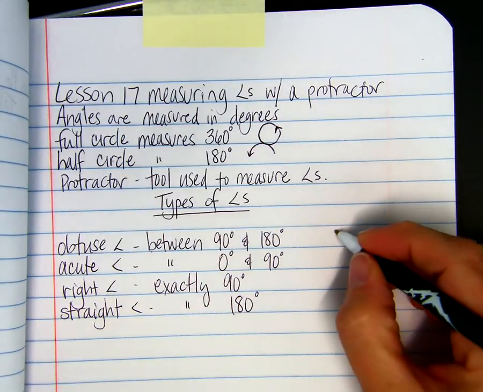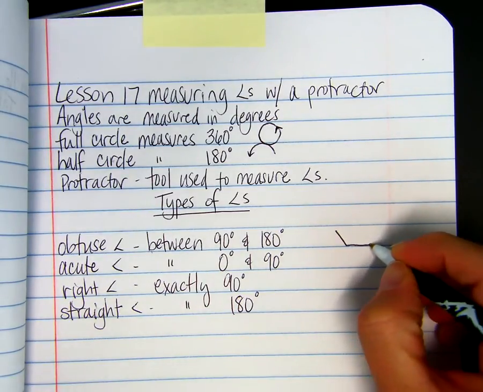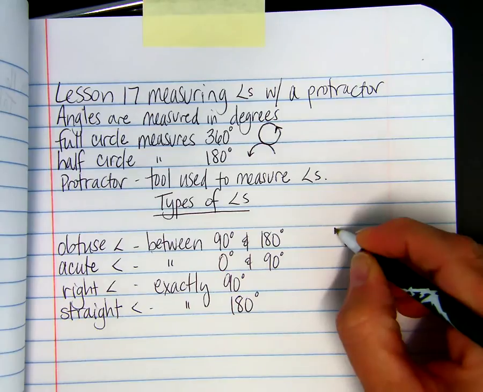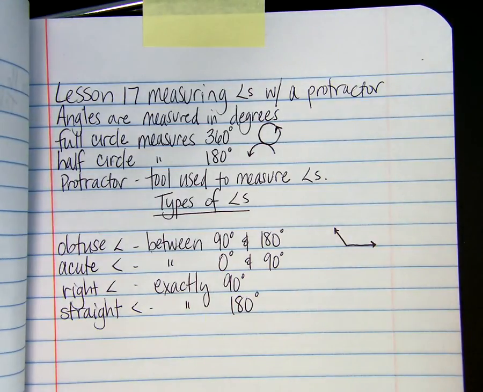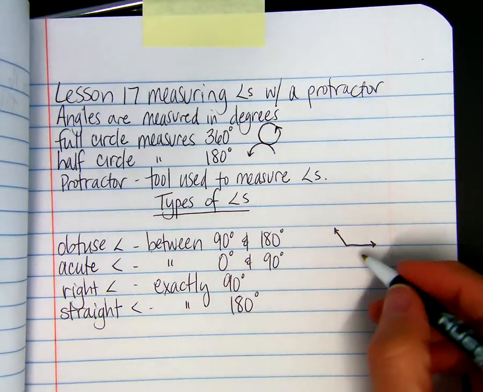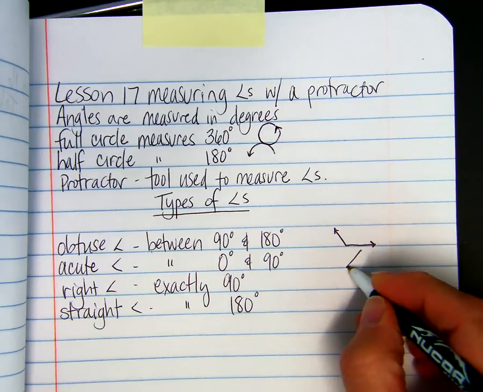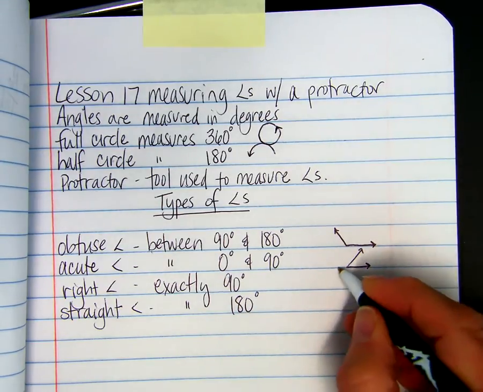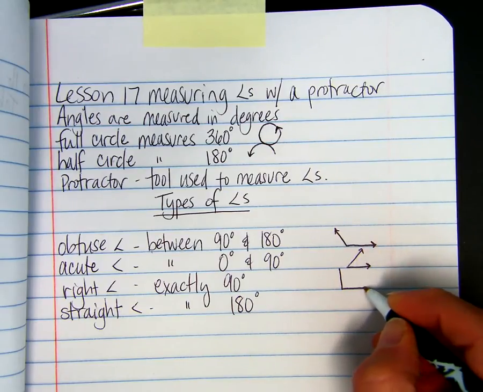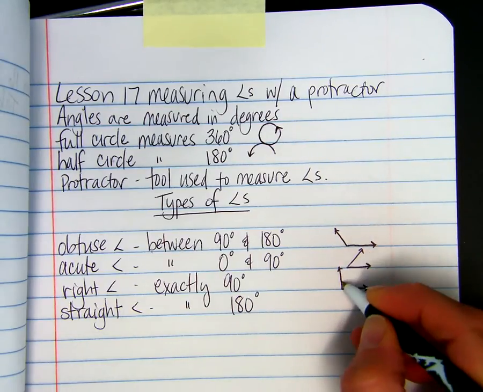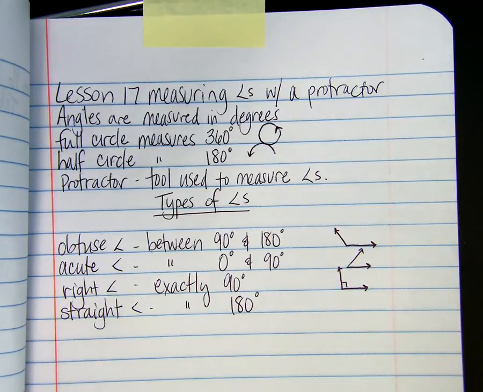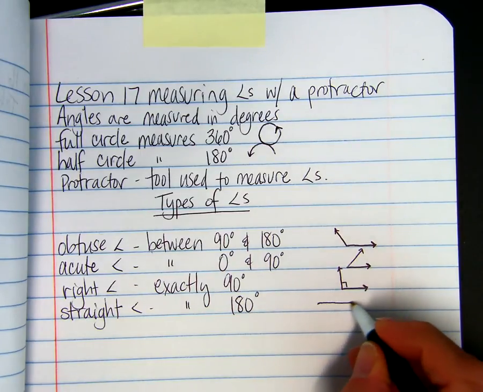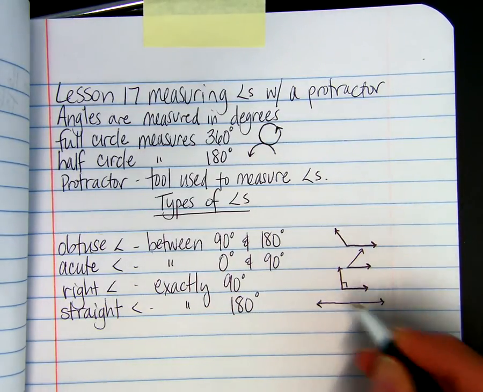An obtuse angle is greater than 90, but less than 180, which is a straight line. Acute is less than 90 degrees. A right angle is what is formed when 2 perpendicular lines intersect. And exactly 180 degrees looks like a straight line.